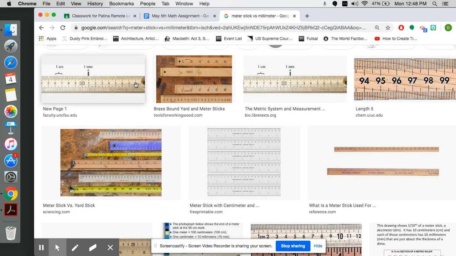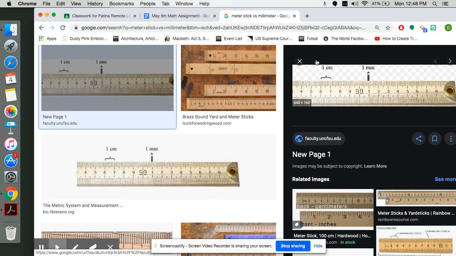A millimeter is one of these little tiny tick marks on the meter stick. So if I have a meter stick and I'm holding it, what is going to be more of? Is there going to be more meter sticks, or are there going to be more of these little tiny tick marks that go all the way?